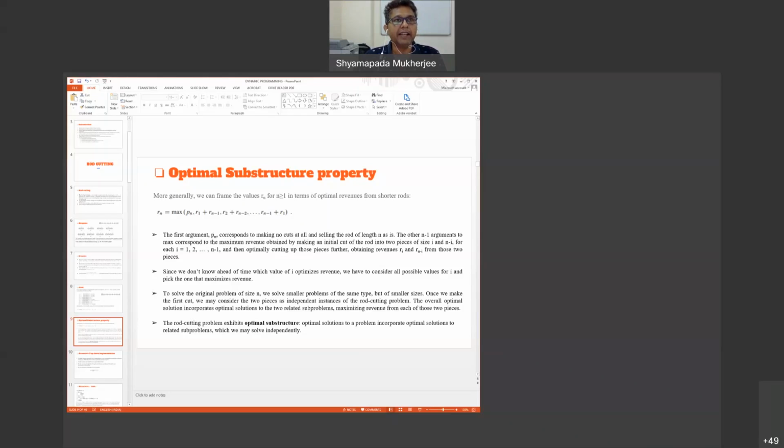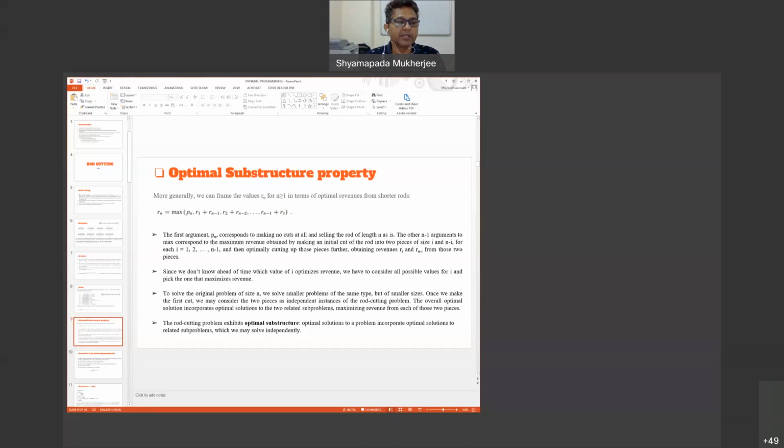If any problem shows this property, that an optimal solution includes optimal solutions to the subproblems, then that property is called optimal substructure property. And if any problem or the corresponding solution has this property, then we can use dynamic programming.